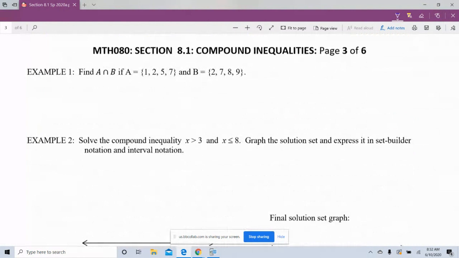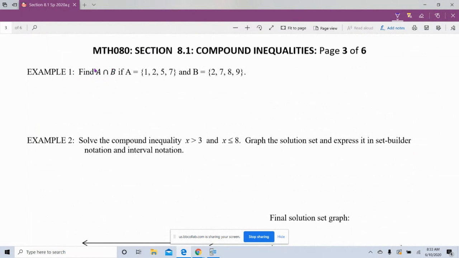So we're going to do a simple numerical intersection problem first, okay? So this says find A, and then remember this symbol means intersect, right? Intersection of. So this is saying the intersection of sets A and B.